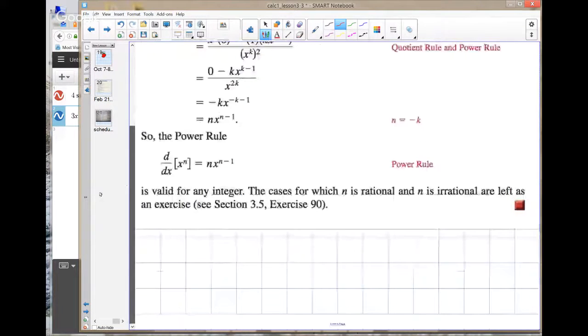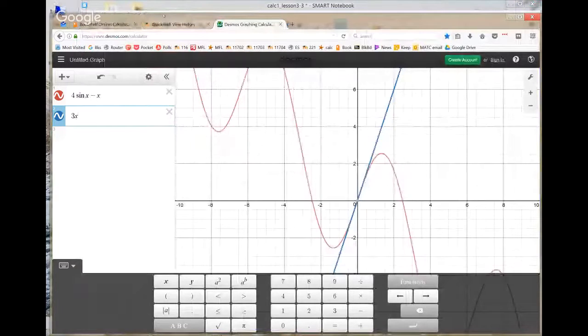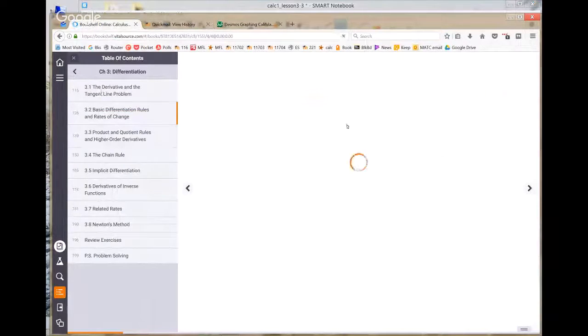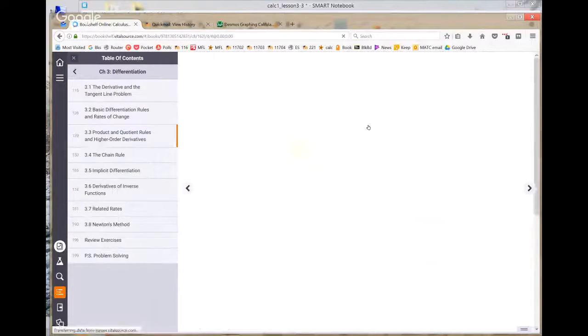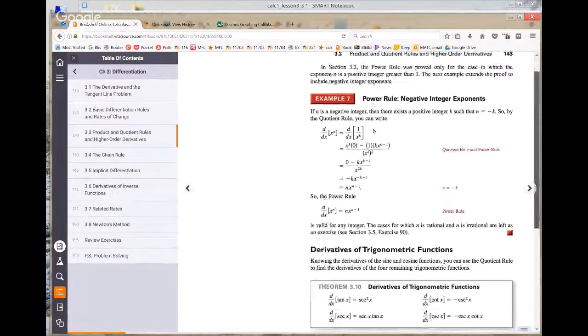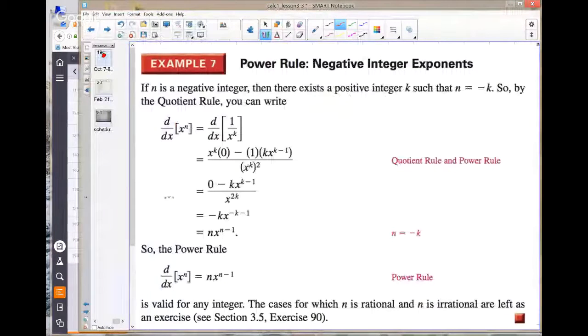Let me take a look in the book and see if we have a good example of this. No, they actually didn't give one. I'll make one up.